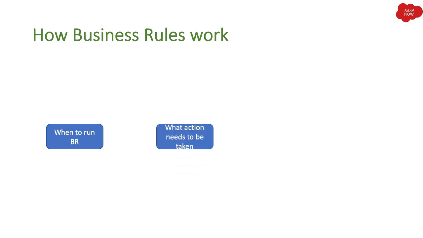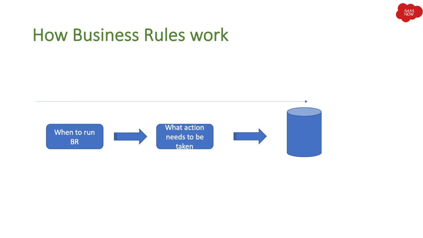Once that condition has been met, it will check what action I need to take. Once that action is checked, then it takes that action in that particular table. And that's how your process works, starting from the operation to when to run, and then the action is taken.